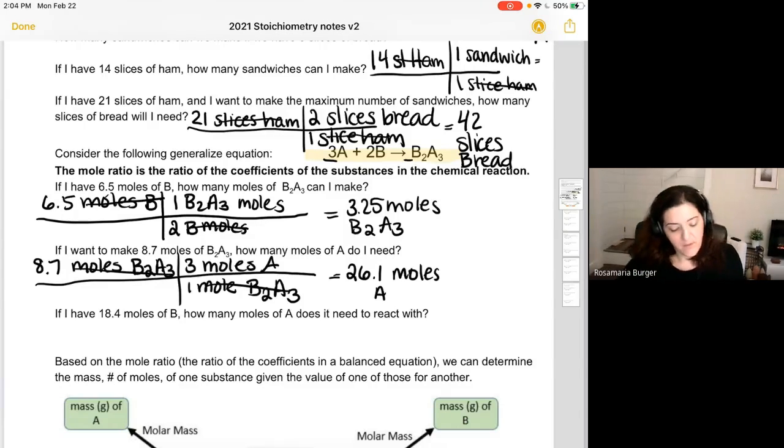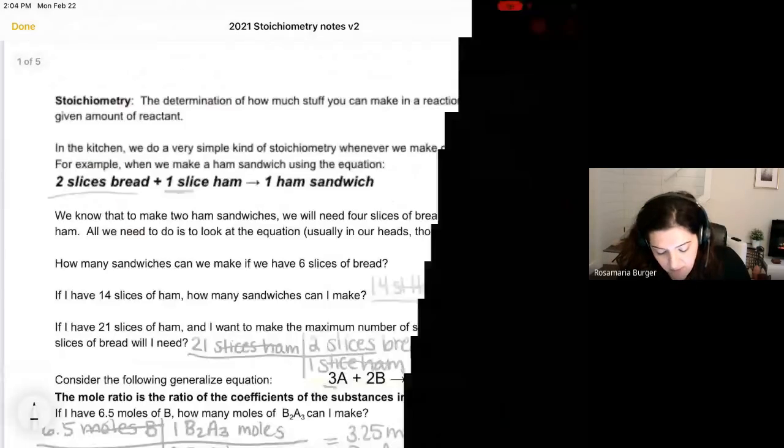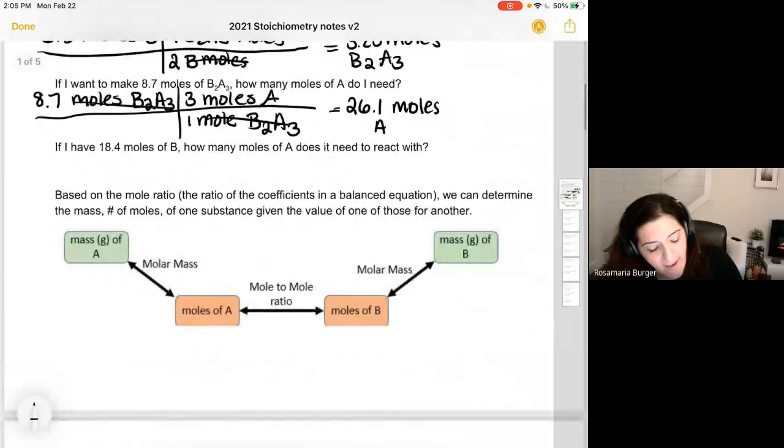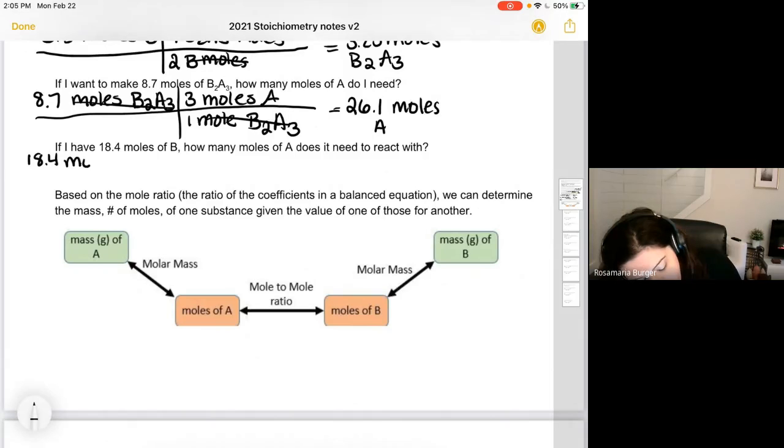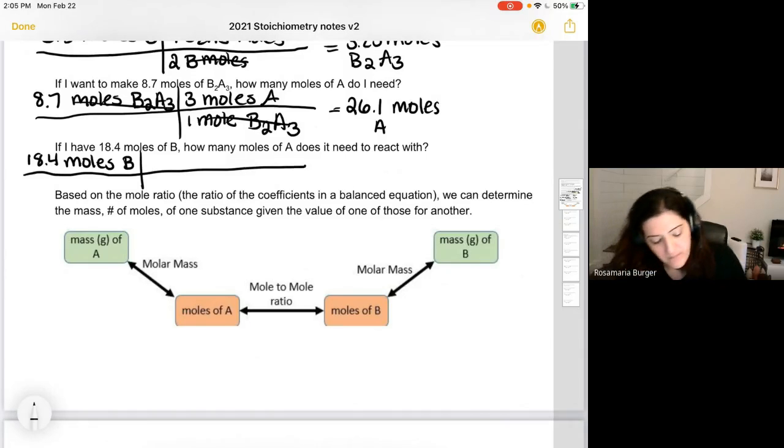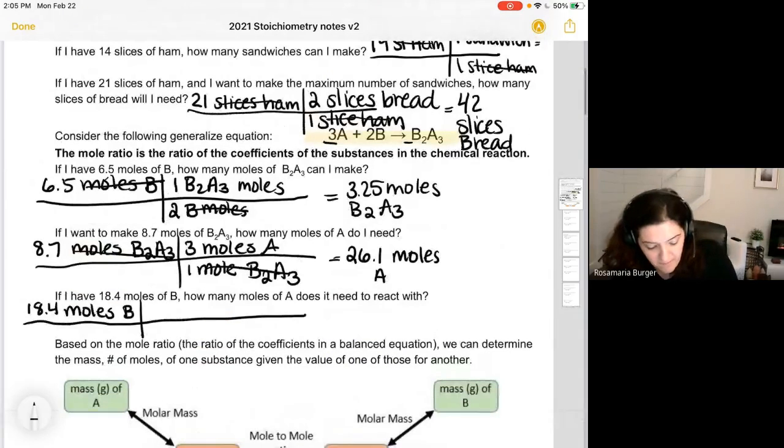Okay. Now, I lost it again. If I have 18.4, I'm going to write that down, 18.4 moles of B, how many moles of A does it need to react with? Well, in my reaction, A and B are in a 3-to-2 ratio.